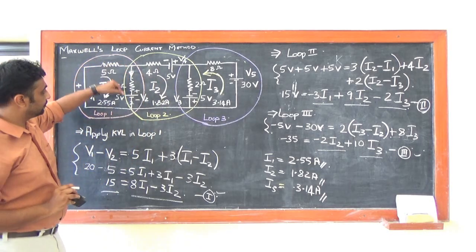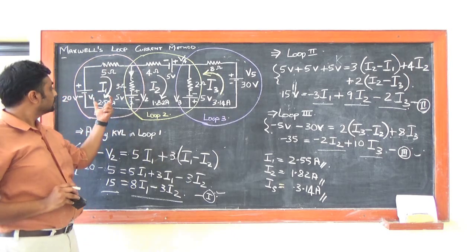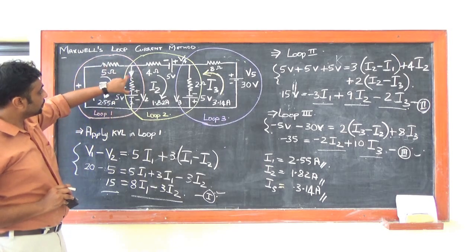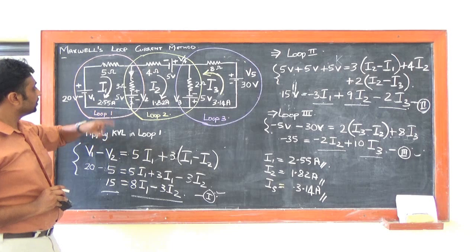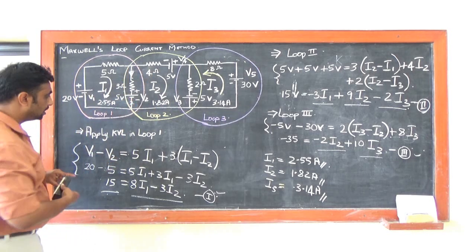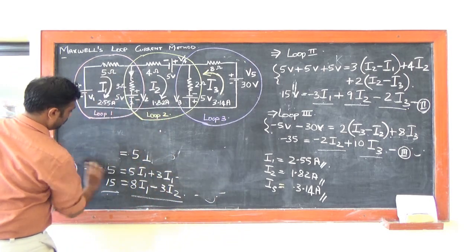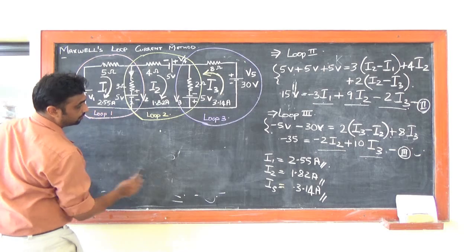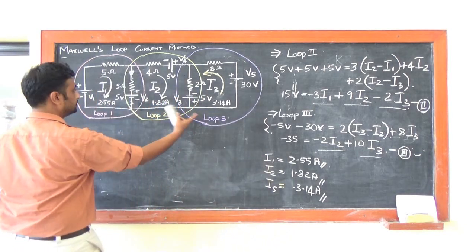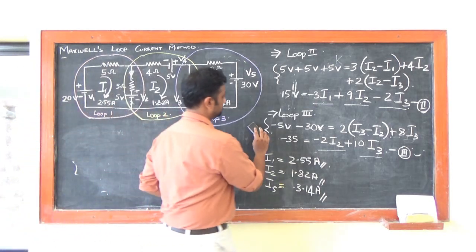Nothing will be negative. The only thing is the direction. So which is higher? 2.55, so it will take that direction. So what is the current flowing in my 3 ohms resistor? It will be I1 minus I2. We already found out all the currents flowing in these loops. Now we find out the currents flowing in each and every resistor.